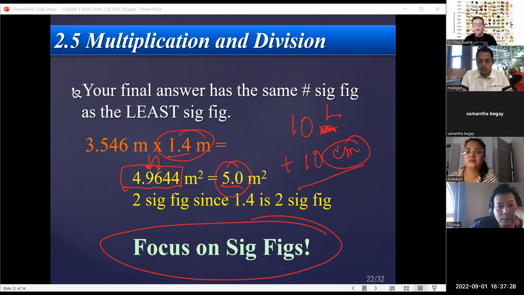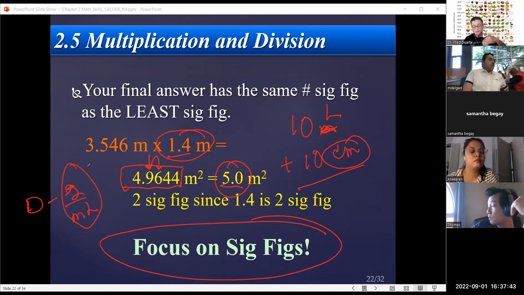But if I'm multiplying and dividing, the units really don't make a difference. Remember that density? The density was grams over volume, milliliters. That was the units of our answer, grams over milliliters. When we multiply, don't forget your units. Let me clear this up, it's getting a little bit messy here.